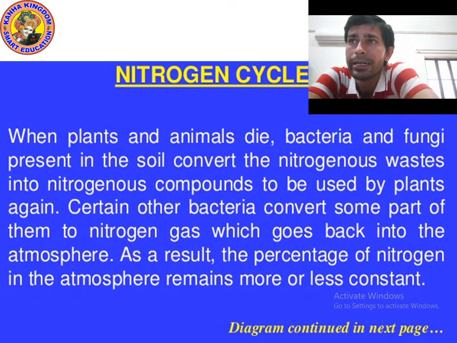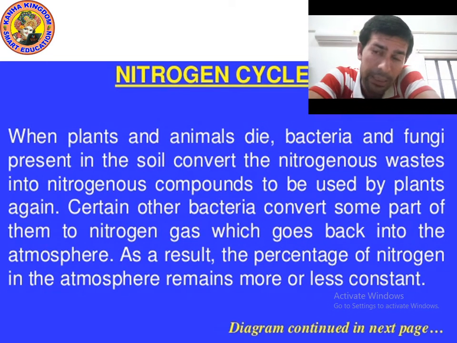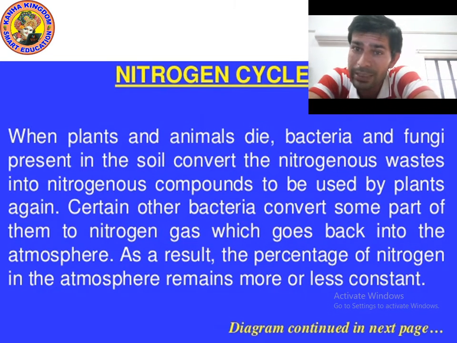Certain other bacteria convert some part of them into nitrogen gas, which goes back into the atmosphere. As a result, the percentage of nitrogen in the atmosphere remains the same. It never changes. Please write down. I am giving you 10 seconds.